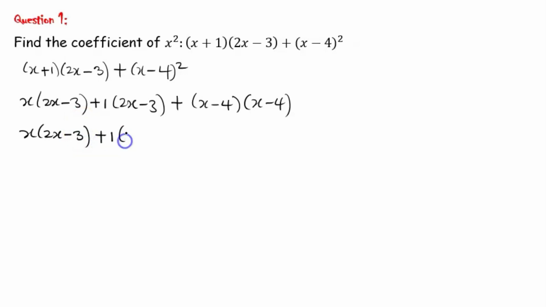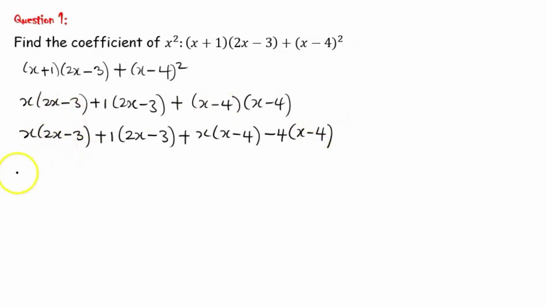So this is 2x minus 3. Plus, I can also bring x out here to multiply x minus 4, then minus 4 into x minus 4.